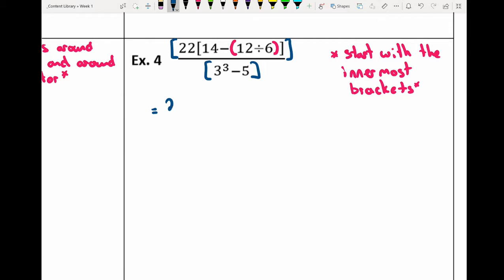So when we go through, we're going to do 22, we're going to leave that, and then 14 minus, we have 12 divided by 6, which is 2. So that's what we're going to simplify next.